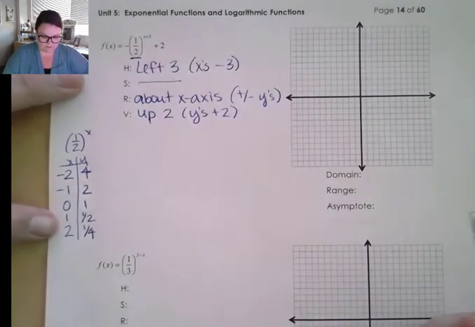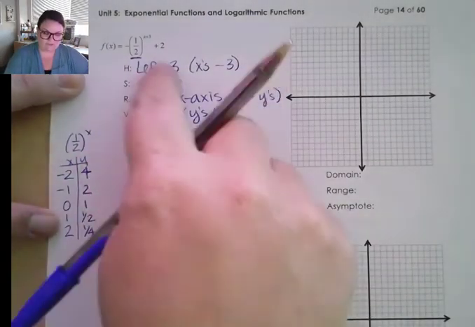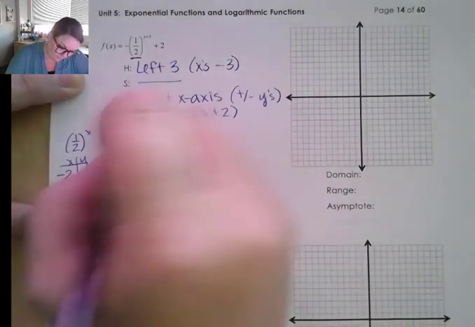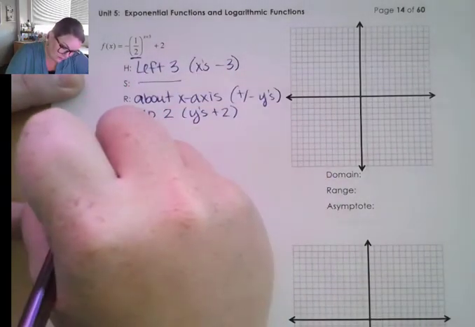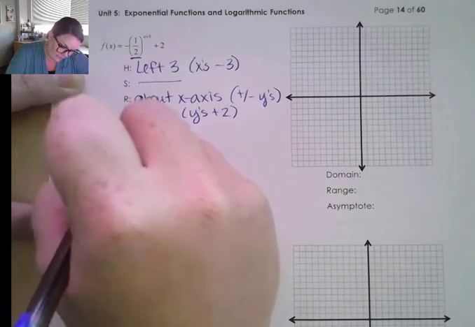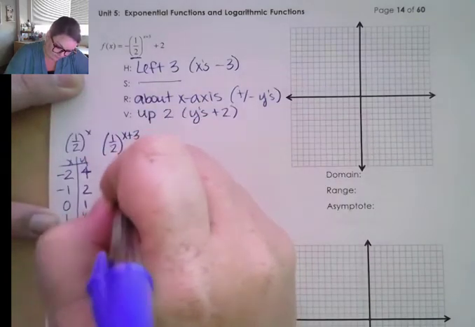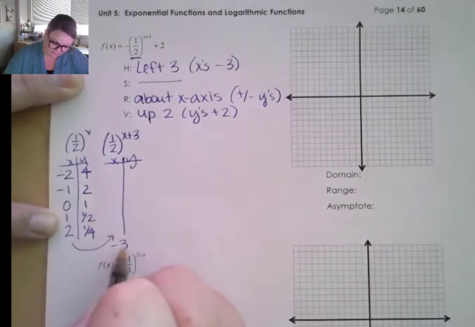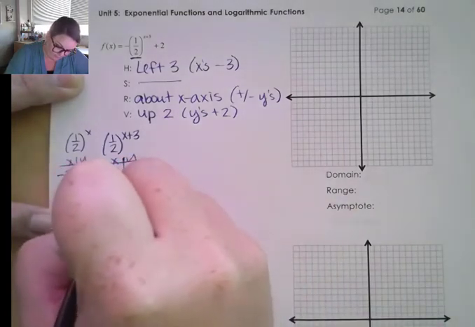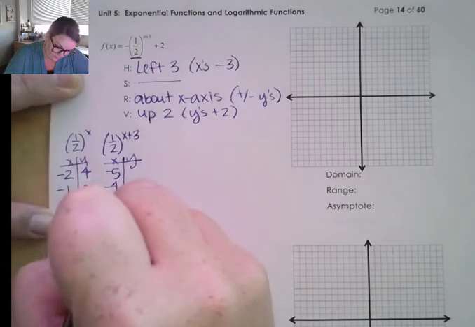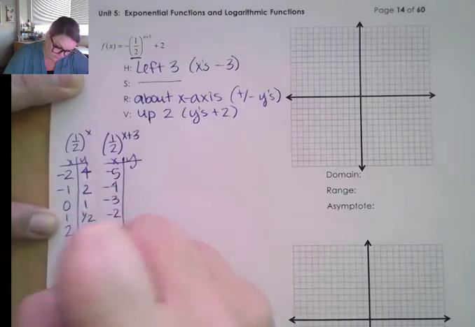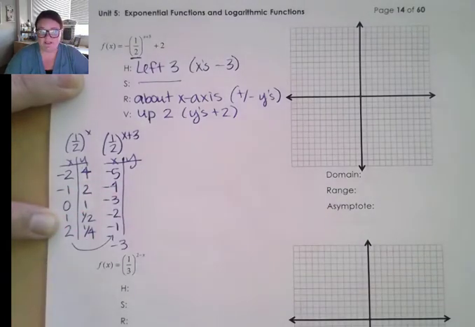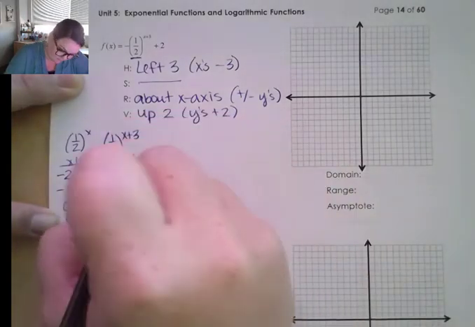Okay. So now we're just going to modify this table one transformation at a time. First being our horizontal. So we have 1/2 to the x + 3. So we're going to take our x's and subtract 3. And we didn't do anything to our y's, so they stay the same.